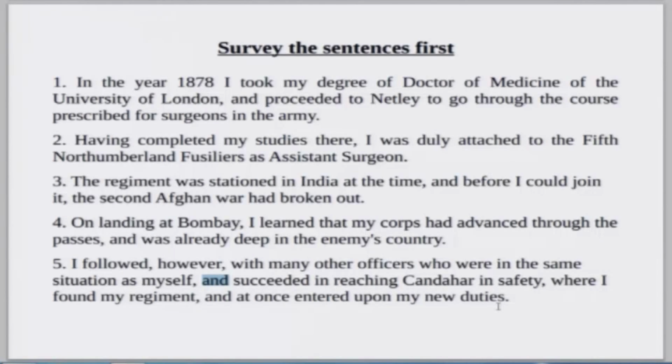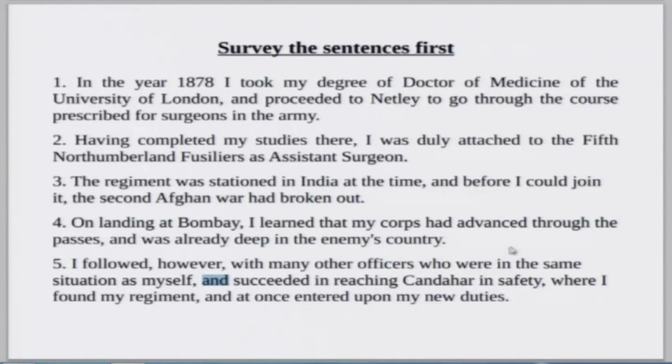Okay. So, after reaching Kandahar in safety, I found my regiment and at once entered upon my duties. So, this is compound certainly, and then it looks like it has 4 clauses that way. I followed is one clause with details coming up to this point.